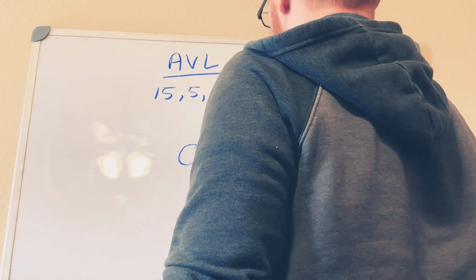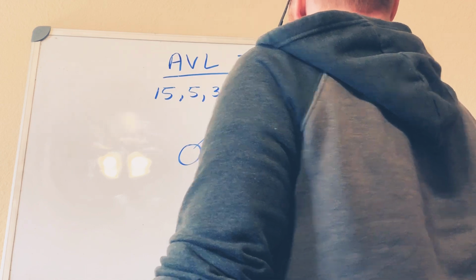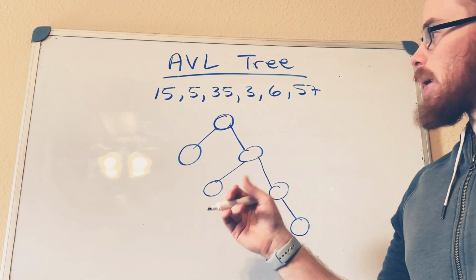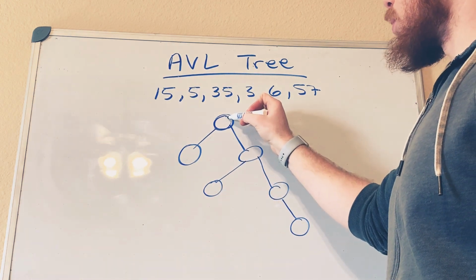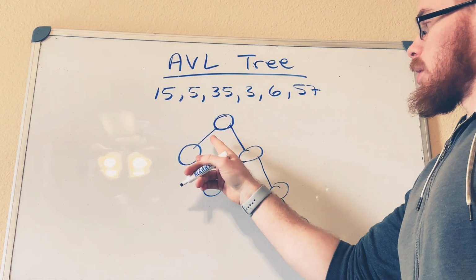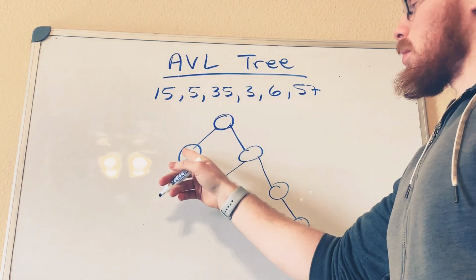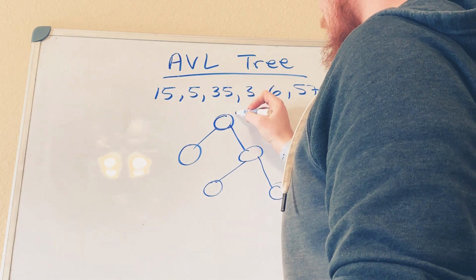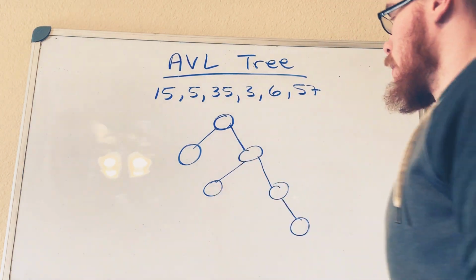However you tell if a tree is balanced, you take the root node, or every node, and you check the height to the right and to the left. Let's check the balance of this top root node here.